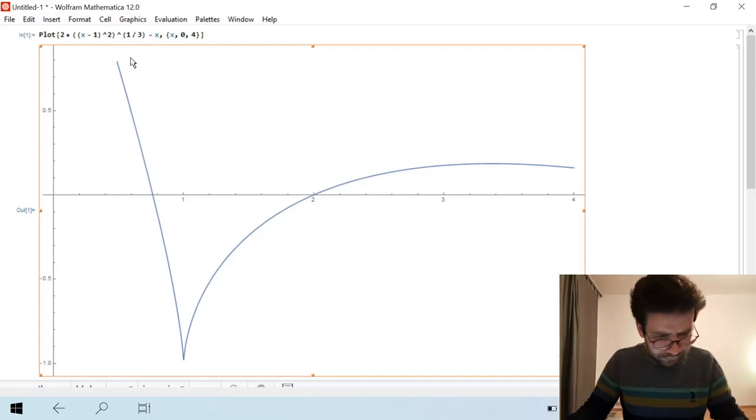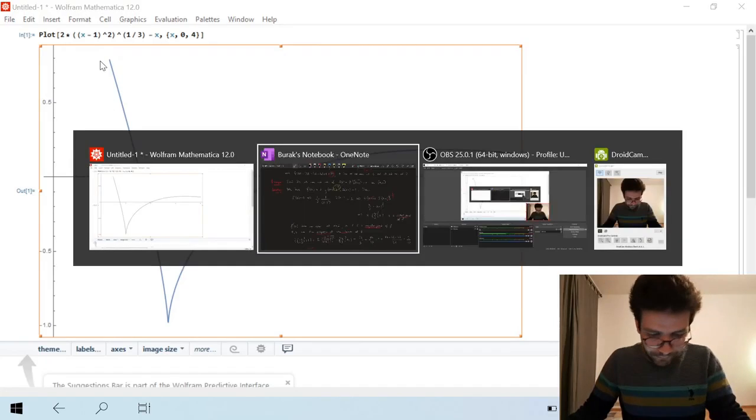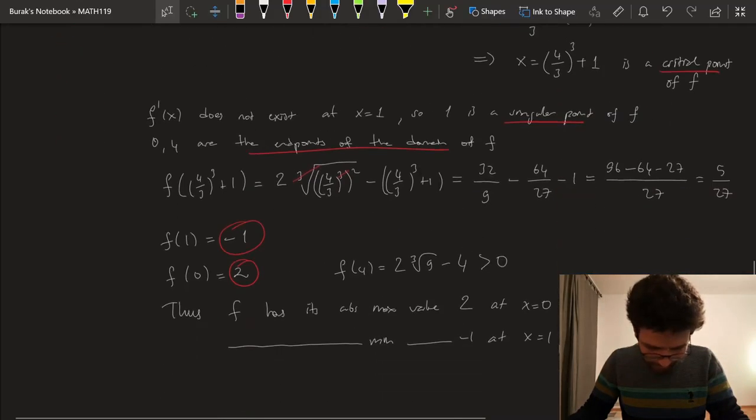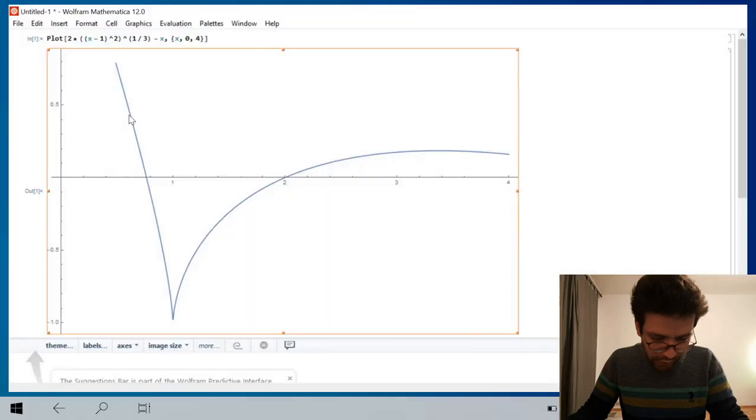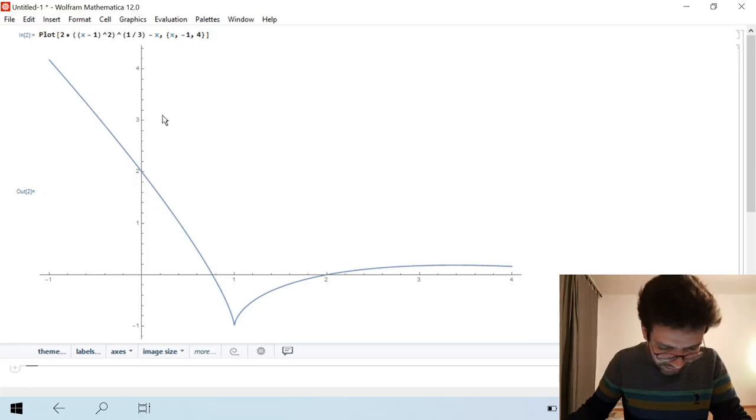Maybe I should zoom out. At point 0, it will take the value 2. So this is the maximum value, this is the minimum value, and it goes like this.